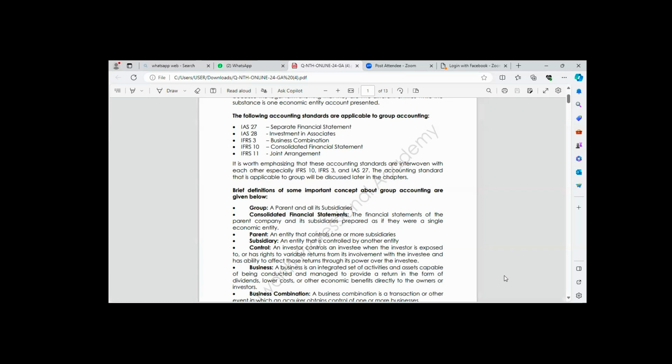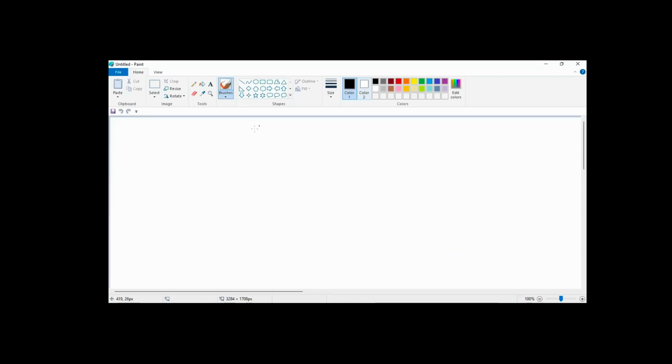Company A, company B. Company A acquires 80% in company B. Let's say two companies, Eco and Biko. Eco has 80% share investment.